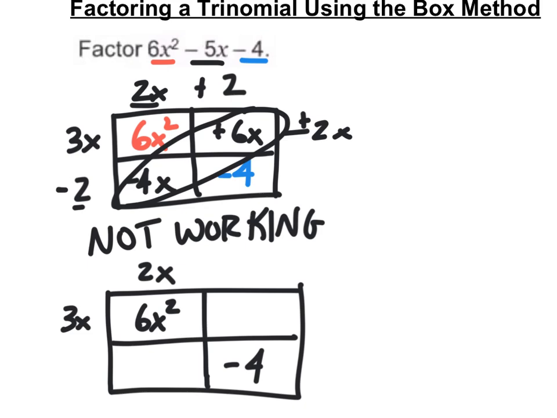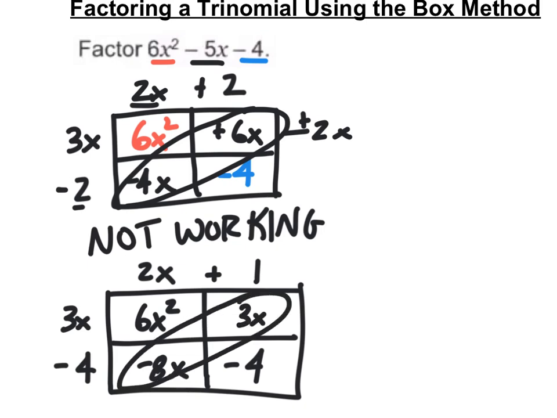Let's do a negative 4 here and a positive 1 here. So 2x plus 1 and 3x minus 4. Now, if I take negative 4 times 2x, it's going to give me a negative 8x. And if I take a 3x times a 1, that's going to give me 3x. So if I add these together, do I get negative 5? And the answer is yes. So I get a negative 5.